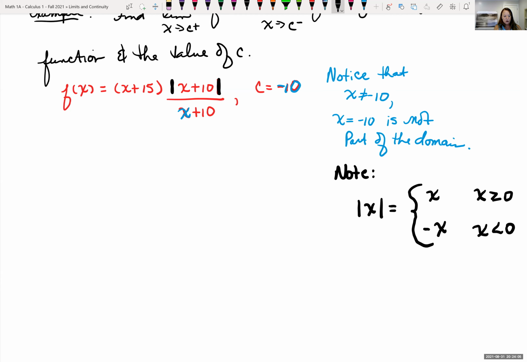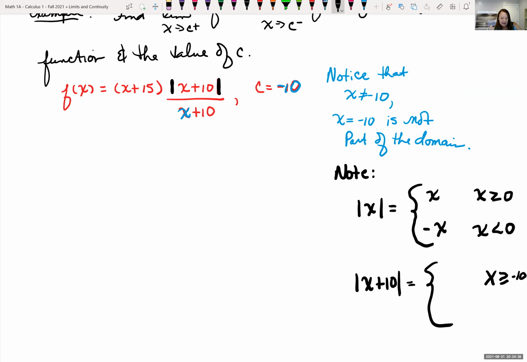So what do we know about the absolute value of x plus 10? If we plug in a number that is bigger than or equal to -10, so let's say x is greater than or equal to -10, like if I plug in -10, I get the absolute value of 0.